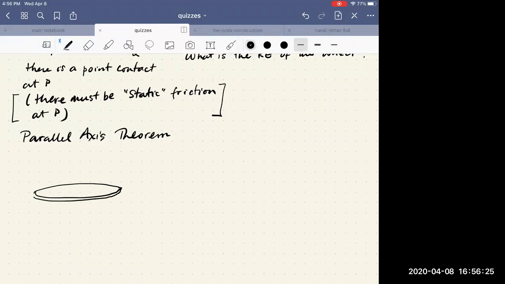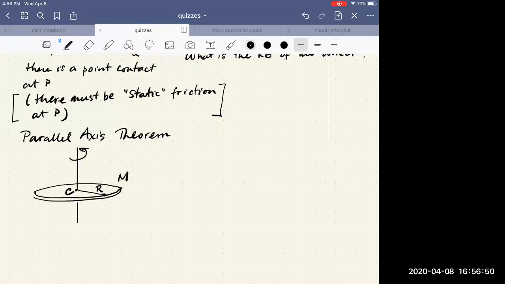And let's say this is the center of the disk. And I have a vertical axis that runs like so. And the wheel is turning. So it has some radius r. And C is this point, and M is its mass.